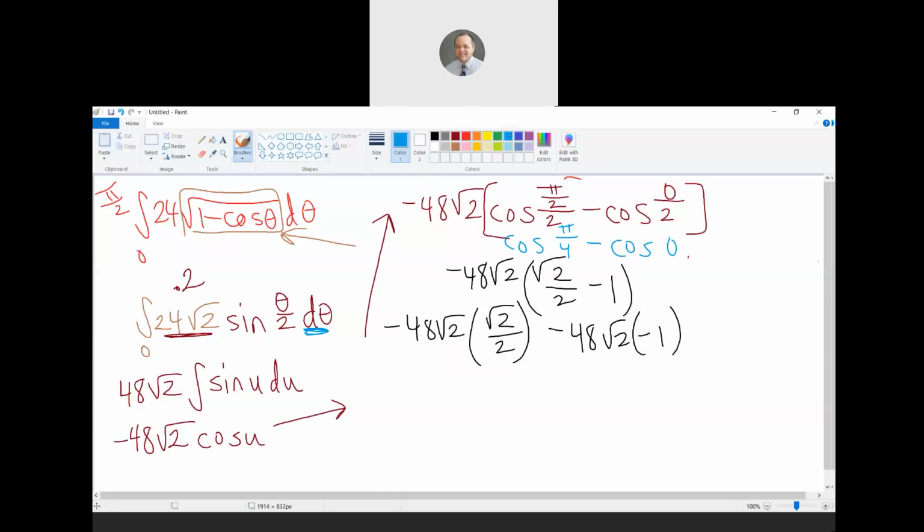For the first part, 2 can go into negative 48, negative 24 times. And square root of 2 times itself is 2. So that gives us negative 48. And the last part, when we multiply the negative numbers together, that gives you a positive 48 square root of 2.